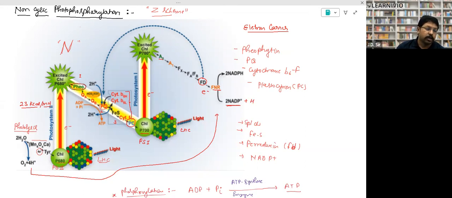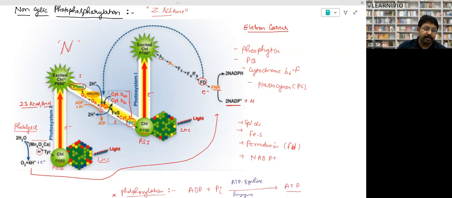Now the hydrogen plus electron will be evolved. The electron will be released and taken by the reaction center. Due to light, the reaction center will give energy, and the electron will be taken by the primary electron acceptor. The electron gets excited due to the energy. Now what will happen?